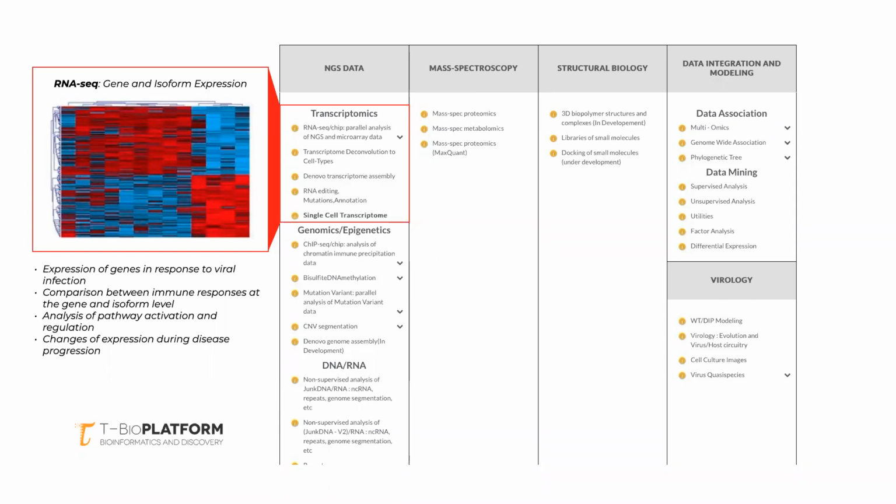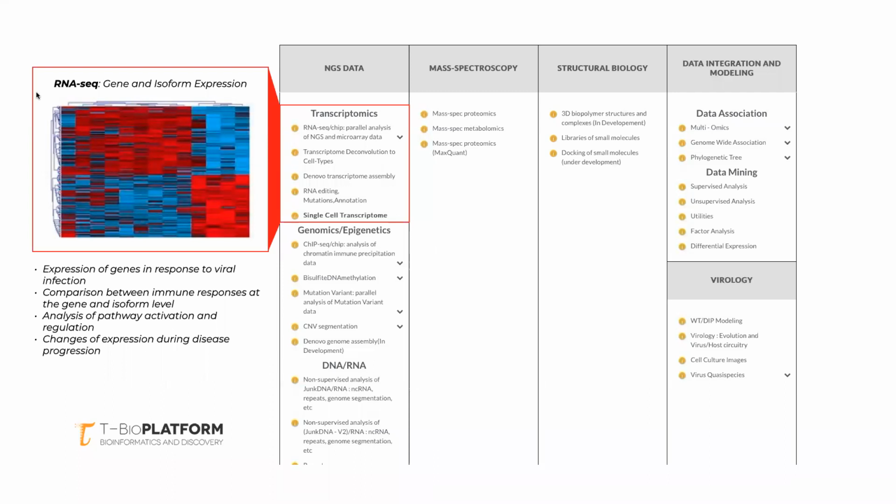So what does the platform provide us? What kinds of tools are we going to discuss in the context of this program? One important aspect of understanding the process of infectious diseases is being able to analyze gene and isoform expression using RNA-seq. So we will be able to look at the expression of genes in response to viral infection or bacterial infection. We'll be able to understand the immune response.